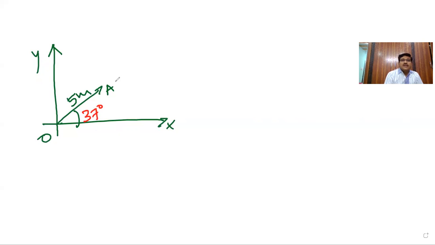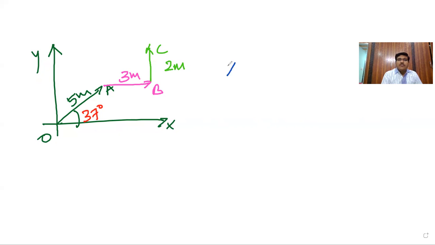Then what is the second vector? AB is 3 meters along the x-axis. And the third vector is BC. BC is 2 meters.